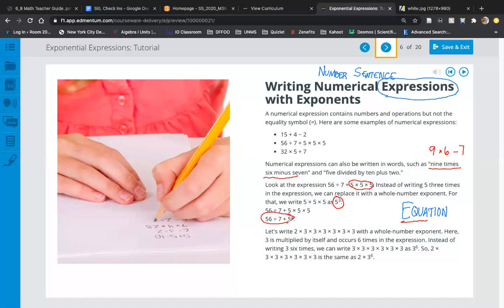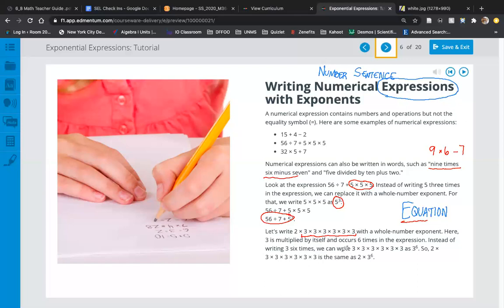So you can see here, this takes up less space. It would be a little bit easier to write, right? And again, that's even more apparent, the simplicity of exponents, the more digits that you add on, the more times that you're trying to multiply. So in this example over here, we see 2 times 3 times 3 times 3 times 3 times 3 times 3.